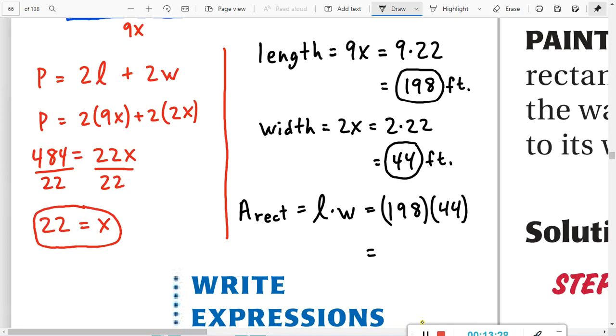On the calculator, I get 8712. And since we did feet times feet, the units are going to be feet squared.